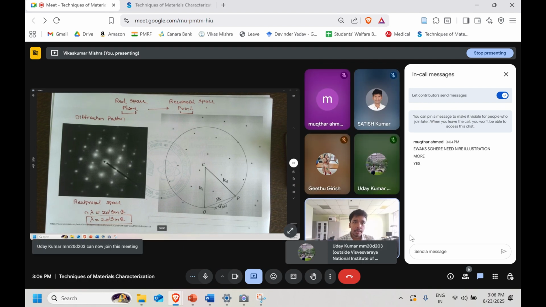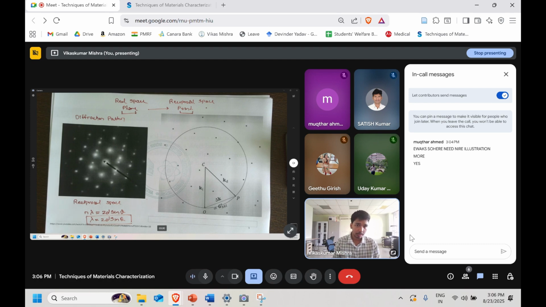Now, as Ahmed asked about the Ewald sphere, what is the Ewald sphere? See, you have the real lattice, and you can convert it into the reciprocal lattice. Just like the real lattice has points in 3D space, the reciprocal lattice is also a 3D lattice in reciprocal space.